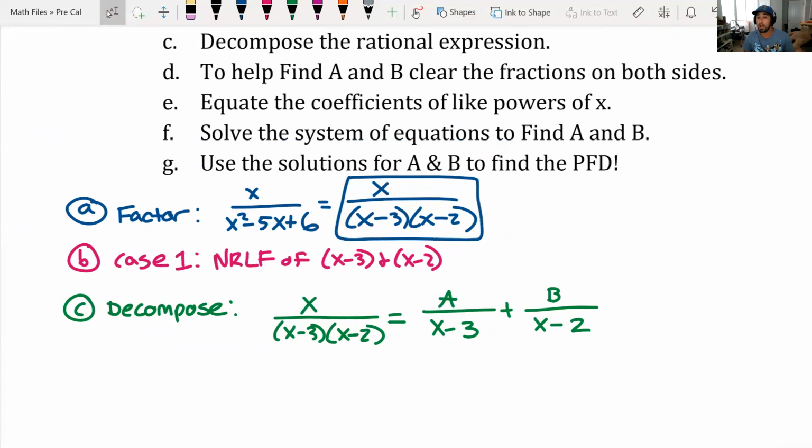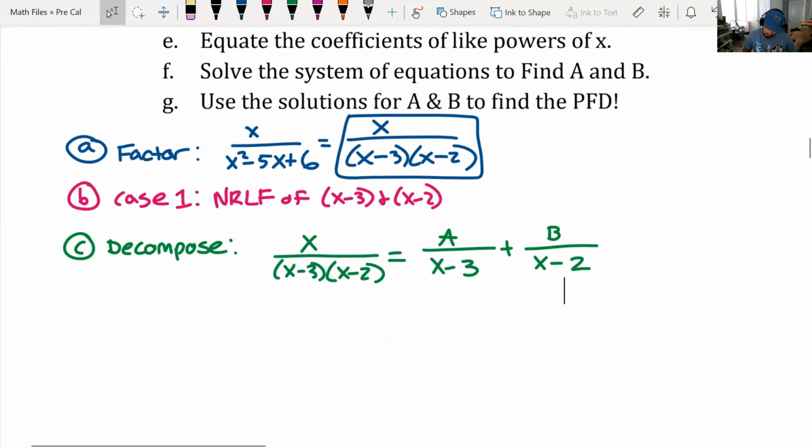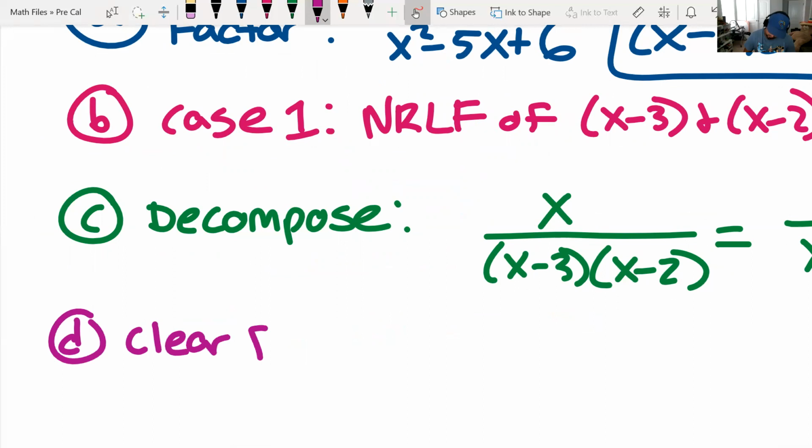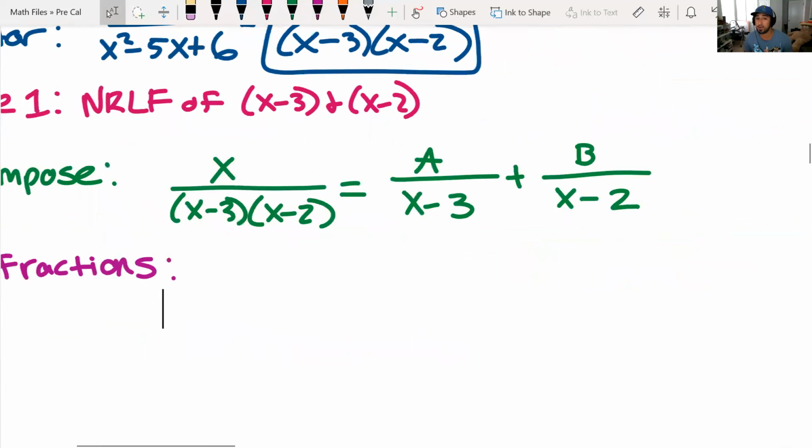Now D, to help find A and B, because our job now is to solve for A and B, we must clear fractions on both sides of the equation. So that's D. Clear fractions, which means in order to clear fractions, you need to multiply by a common denominator.